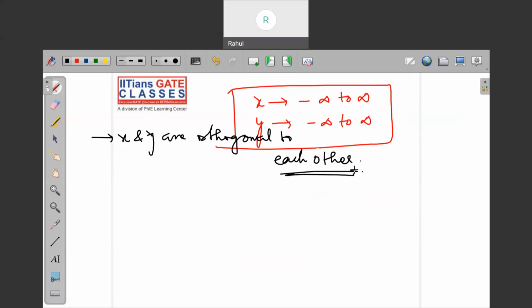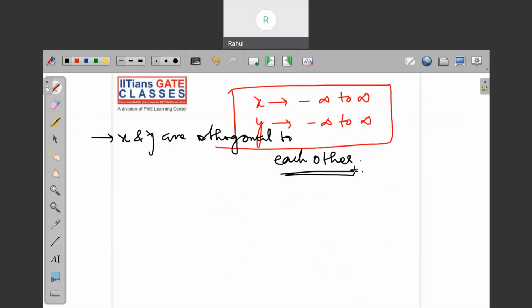So please focus here, and we will talk about various theorems in vector calculus, which are also going to assist us in understanding many topics. So a_x and a_y are orthogonal to each other.